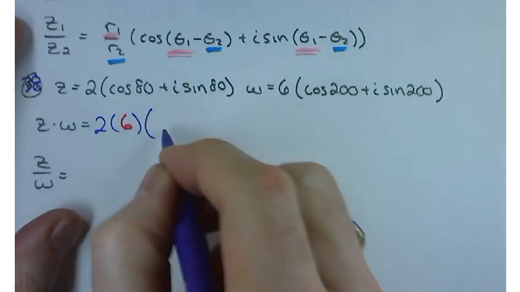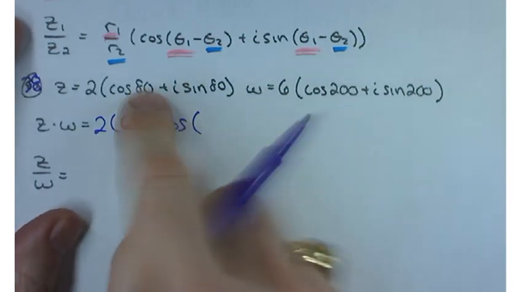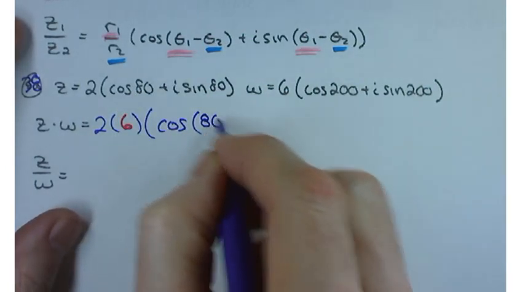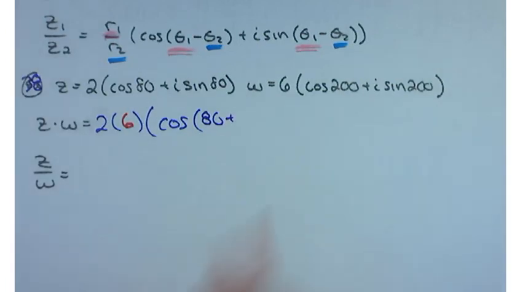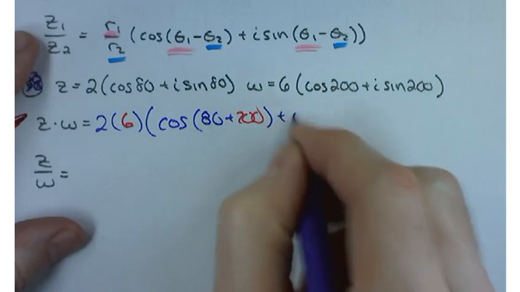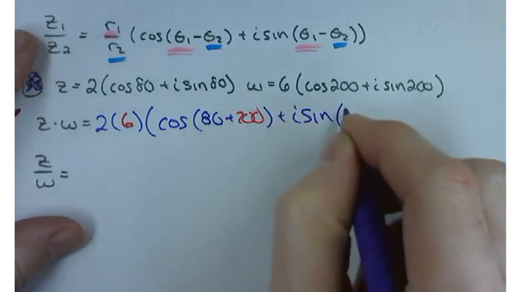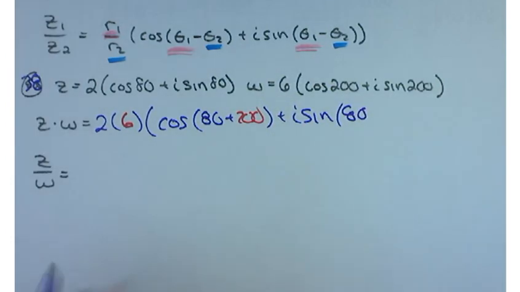times the cosine of 80 plus 200, plus I times the sine of 80 plus 200.